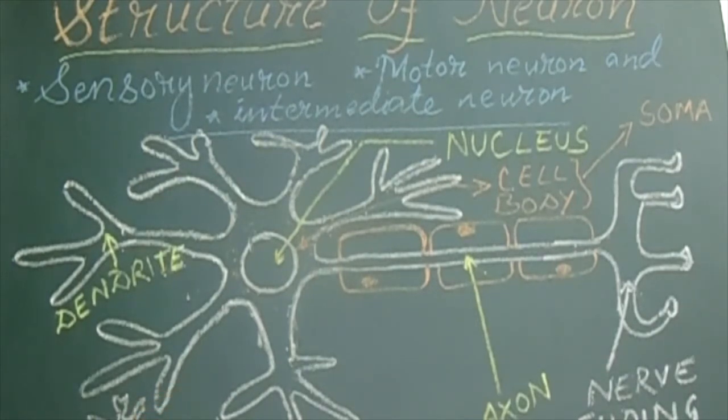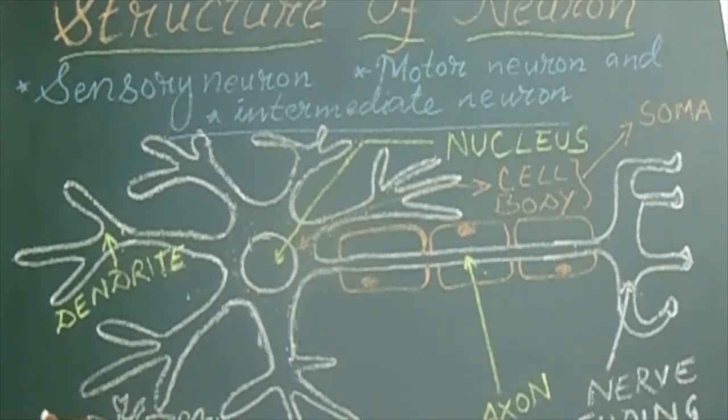Now this neuron ends in a neuron terminal. Now there is a gap between one neuron and another neuron. One more neuron will be at the front, another neuron will be at the back.